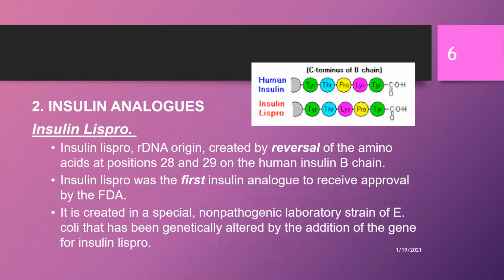It is created in a special non-pathogenic laboratory strain of E. coli that has been genetically altered by the addition of the gene for insulin Lispro. I hope you can appreciate how the lysine amino acid has replaced the proline here in the human insulin, and the proline has replaced the lysine. So this is a simple reversal of the amino acids, and this is how the property of the insulin analog is changed.